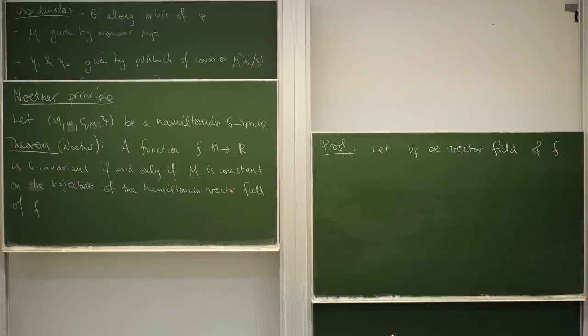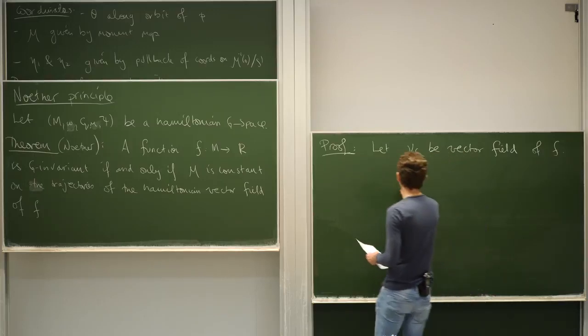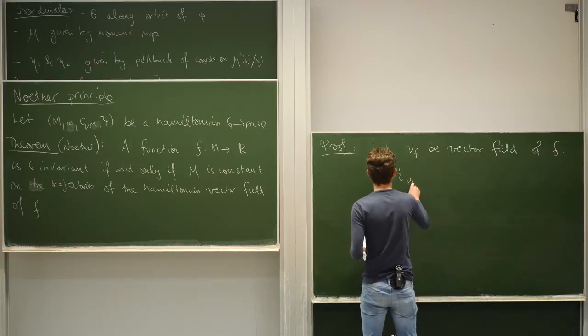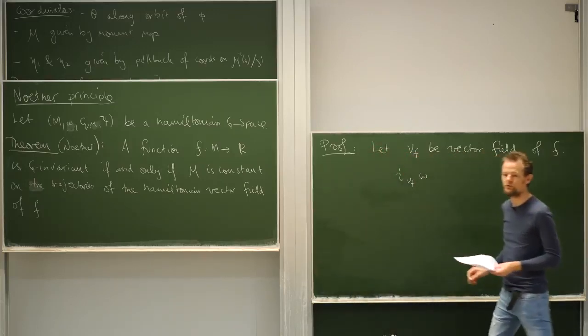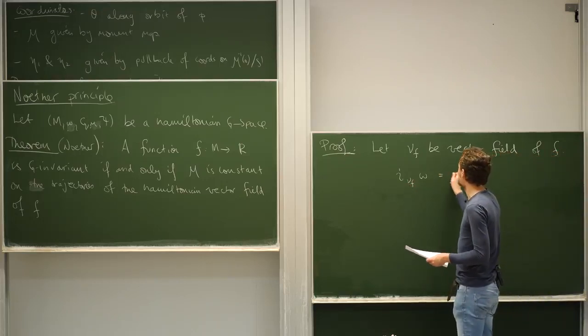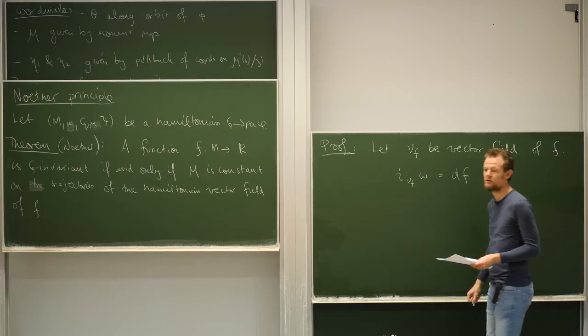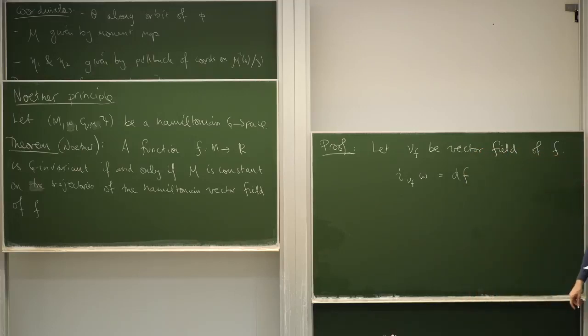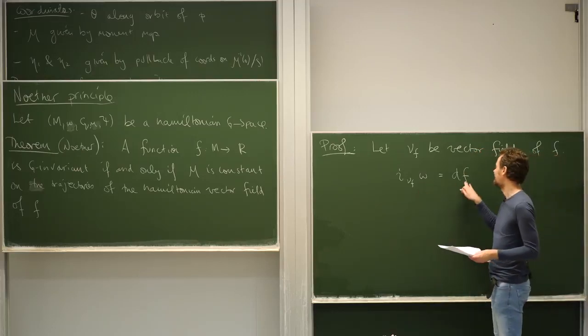So step one is to look at the vector field given by F. How do we get that? Well, recall that you take the symplectic 2-form and define the vector field nu of F by demanding that the interior product of nu of F with omega is exactly dF.